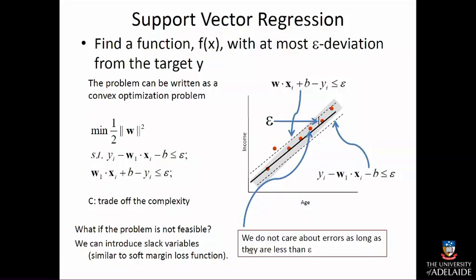That means we do not care about the errors as long as they are less than epsilon. That's the whole idea of support vector regression.